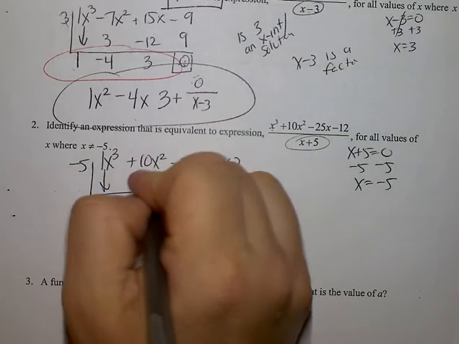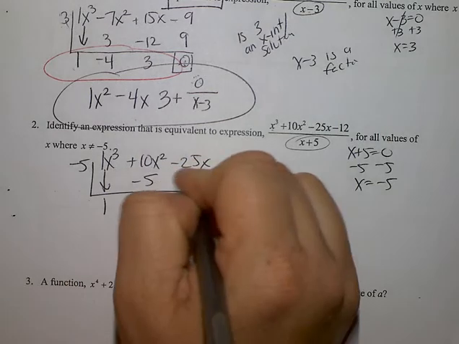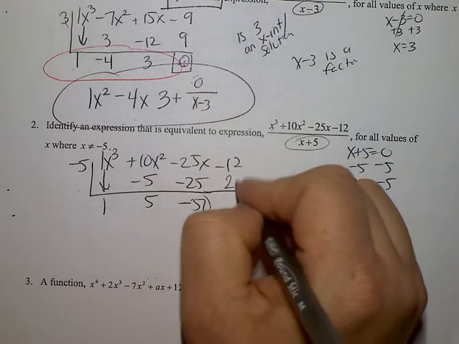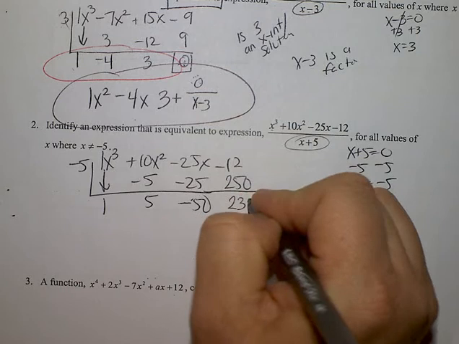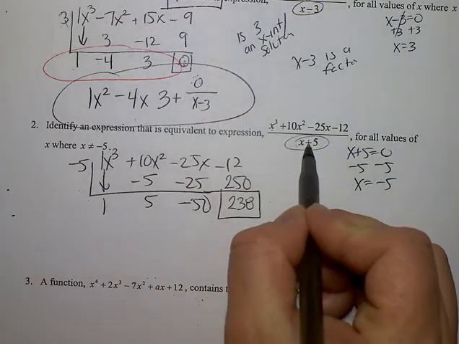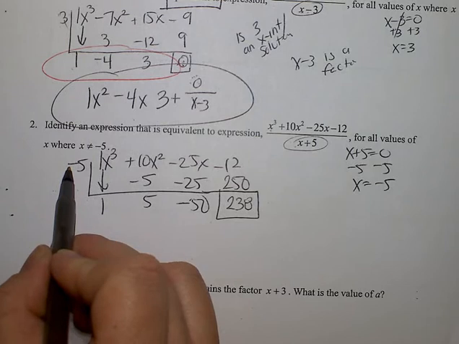Multiply, add down. Multiply, add down. Multiply, and add down. Going back, what does this tell us when I get a 238? It tells us that x plus 5 is not a factor, or another way to say it is that x equals negative 5.